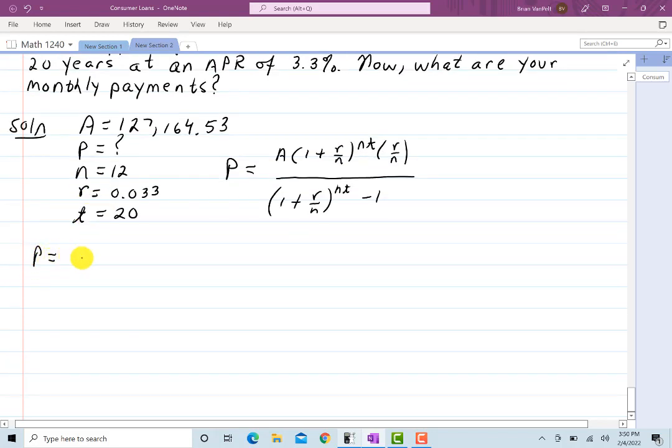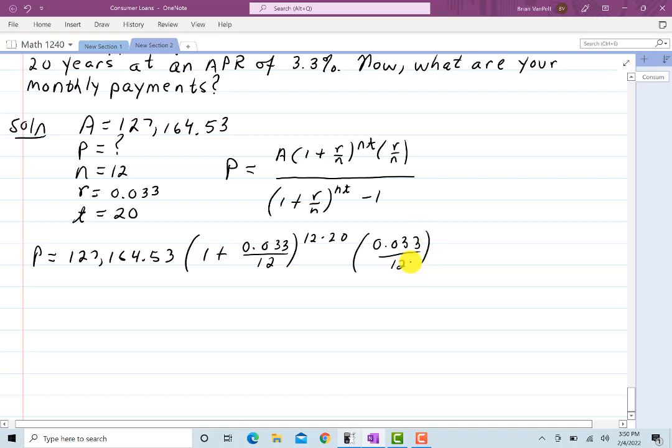And so P equals 127,164.53 times 1 plus 0.033 divided by 12 to the 12 times 20 times 0.033 over 12.